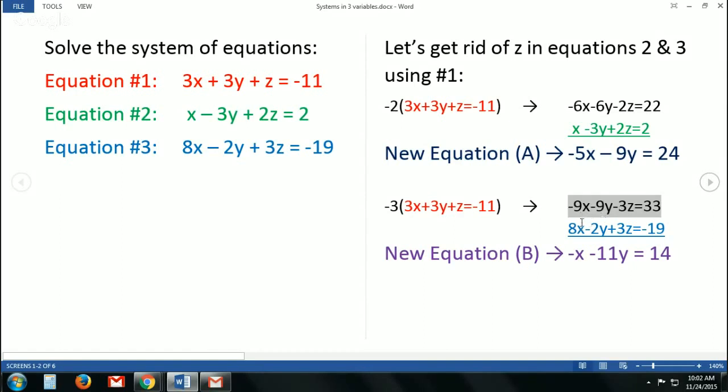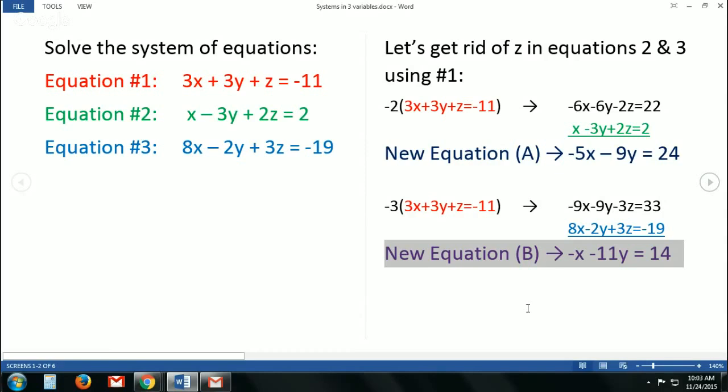Now let's add the two rows together, this multiple that we created with the original equation number 3. Adding them together, minus 9x plus 8x gives me negative x. Minus 9y minus 2y gives me minus 11y. And 33 minus 19 gives me 14. Here is a new equation B that has no z as part of it.